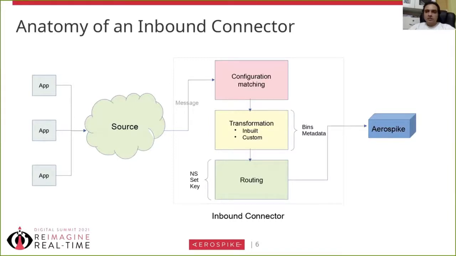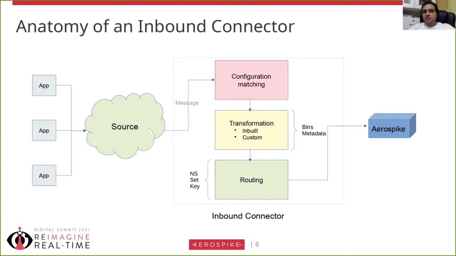The configuration matching phase decides on the configuration that should be applied to this particular message before it is routed to the Aerospike cluster. The next phase the message passes through is called the transformation phase. During the transformation phase, the incoming message is converted into the content for an Aerospike record. An Aerospike record simplistically has two key pieces of information.